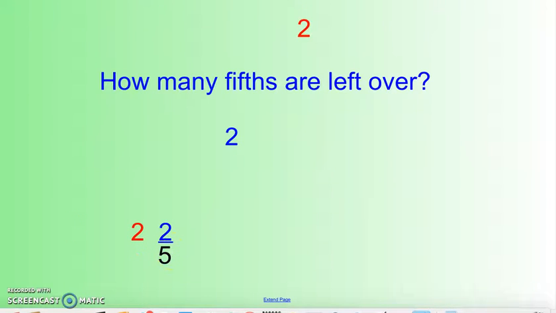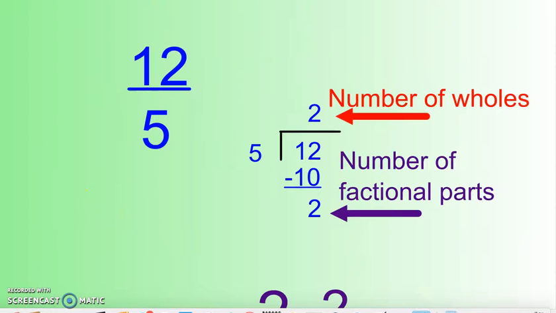Okay, so let's try it a different way. Instead of creating a model, what if we just used it as a division problem? We've divided fractions before to change them into decimals. Well, let's use that same knowledge to change it into a mixed number. So let's do 12 divided by 5.